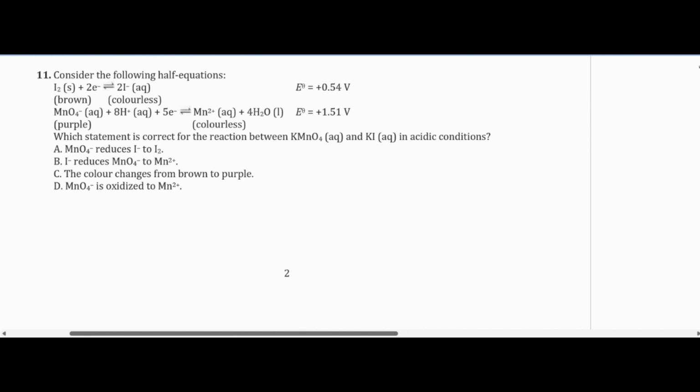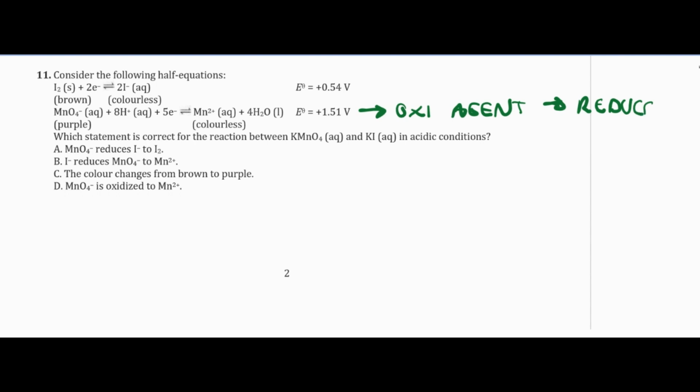11. Consider the following half equations. Which statement is correct for the reaction between potassium manganate and potassium iodide in acidic conditions? Because the manganate has a more positive standard electrode potential, it means it will be more of an oxidizing agent relative to the iodine, which means it itself will be reduced.